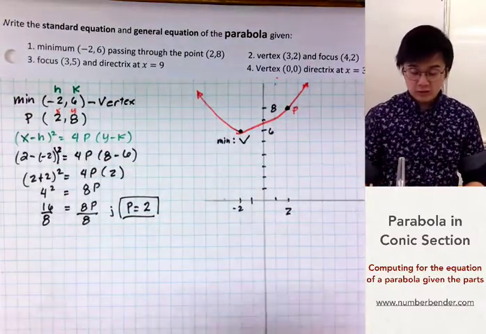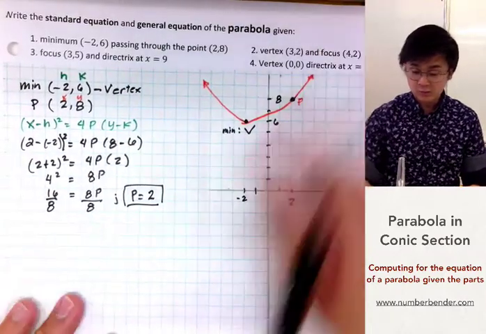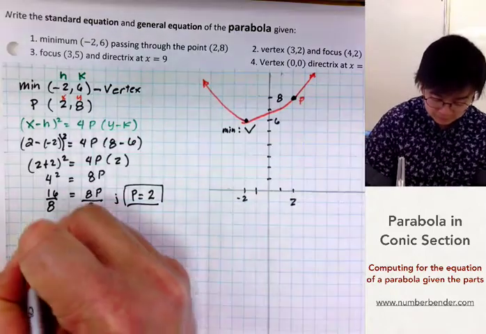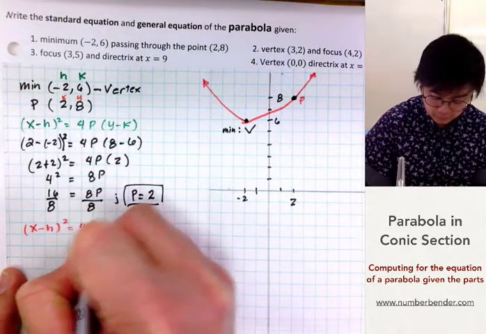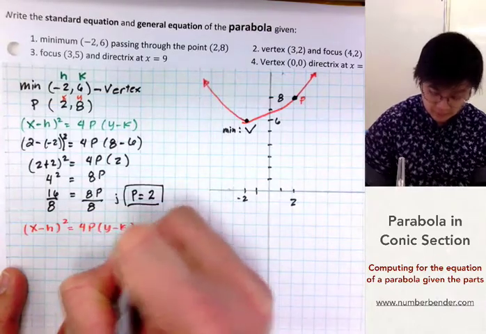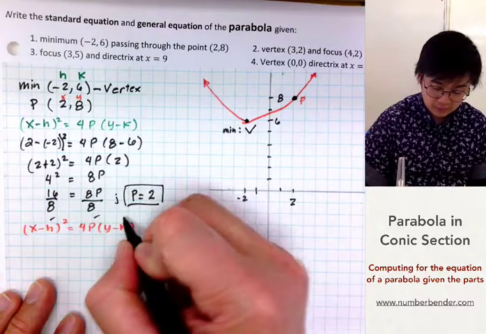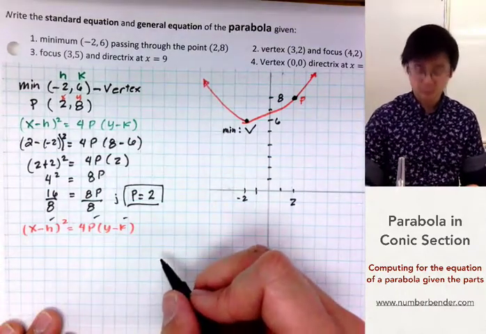Now, to answer the question, which is to find the standard and the general equation of the parabola, we're going to use the equation again, (x minus h) squared equals 4p(y minus k). And this time, we are replacing h, p, and k. So we can write the standard equation of the parabola.